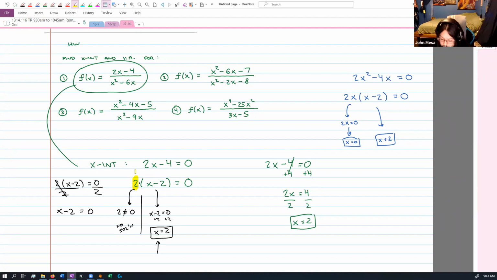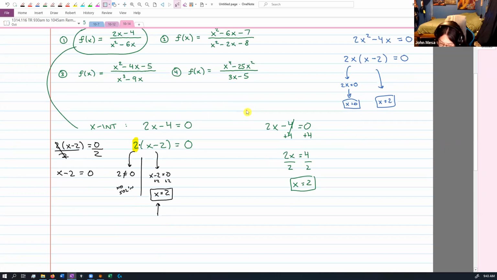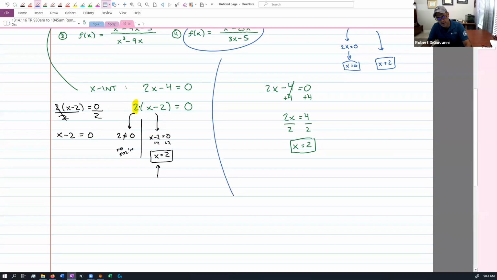I was wondering, when I started on the top row, I ended up taking it out. It was a 1 squared because it has an x to the 4th and a negative 25 squared. So I didn't know if that was right or not if I took out the 1 squared. Okay, let me see. I'm not quite sure I understand. So you were finding the x-intercepts there. So you took the top and set it equal to 0. Yes.